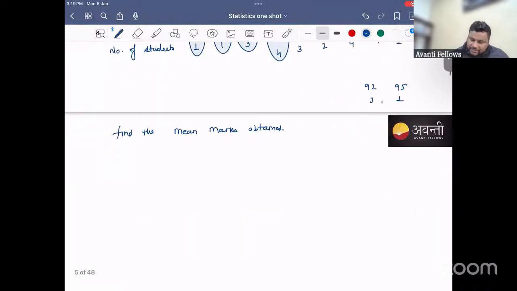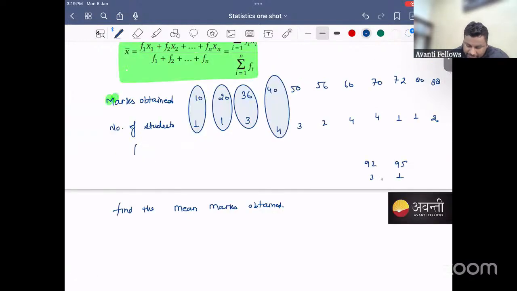So now I will calculate fixi. Here this is 10, this is 20, 36 into 3 is 108, 44 into 4 is 160, 53 into 3 is 150, 56 into 2 is 112, 64 into 3 is 240, 74 into 4 is 280, 72 into 1 is 72, 81 into 1 is 80, 88 into 2 is 176.